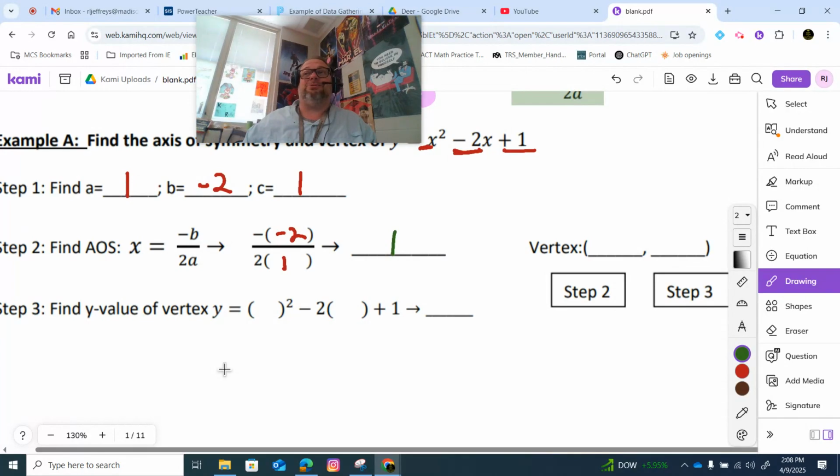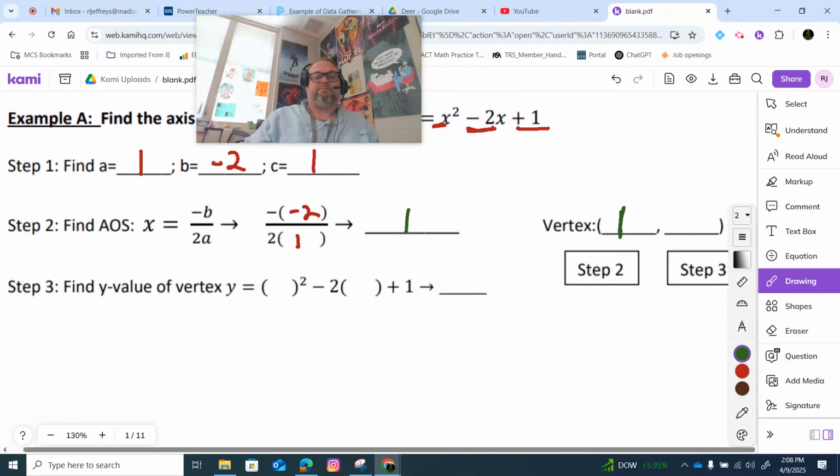Does it now since you erased the X? Okay, that's really important. Okay. All right. So we know that this is actually going to be the X value for the vertex. Okay.